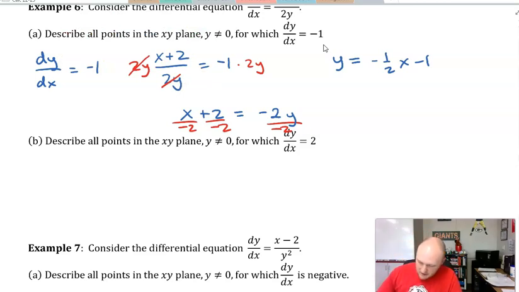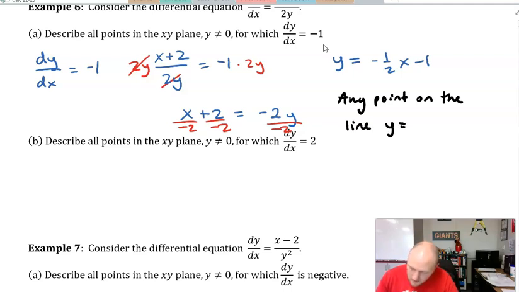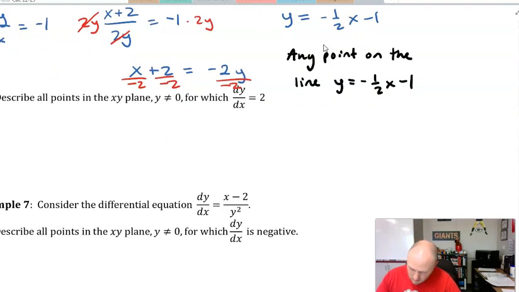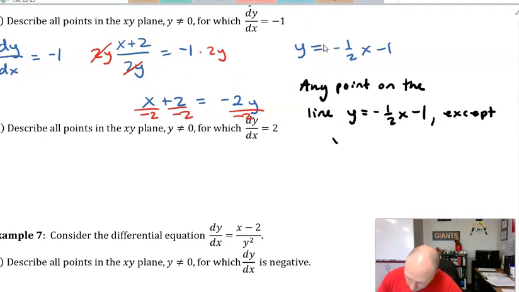So we'll say any point on the line y equals -1/2 x minus 1, except y not equal to 0, then dy/dx is equal to -1.